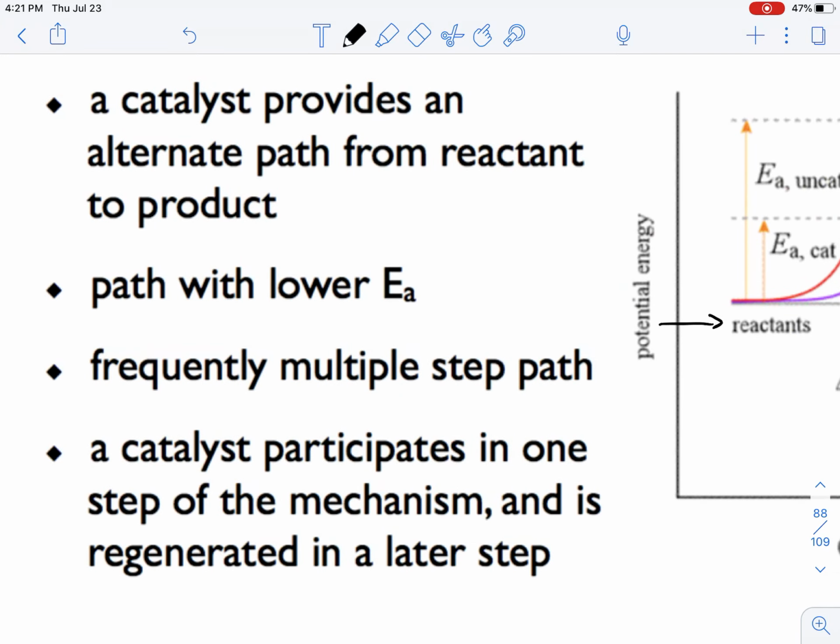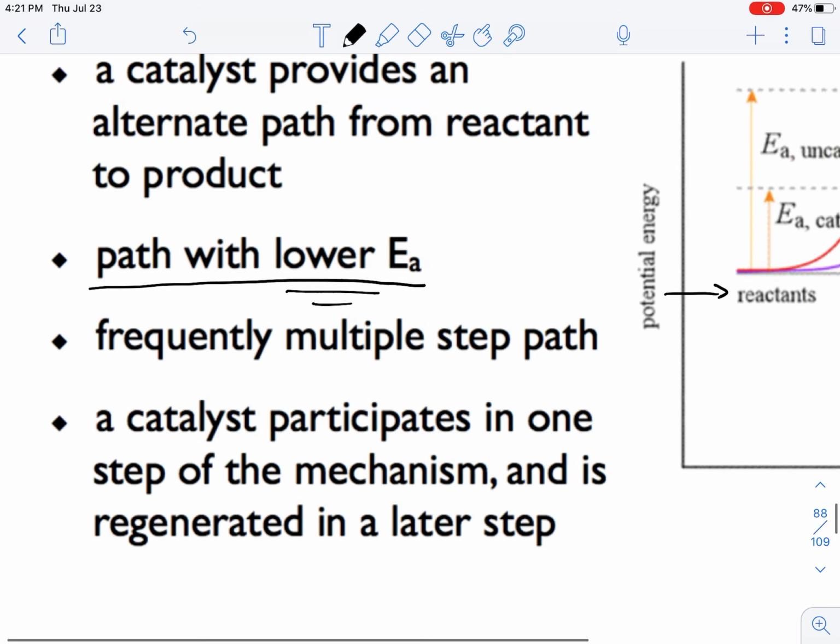Once again, the catalyst usually provides an alternate path by lowering the activation energy. And this enables the potential energy diagram landscape to change. For some reactions, it can be a multiple step path. For some reactions, it can be a one-step path.